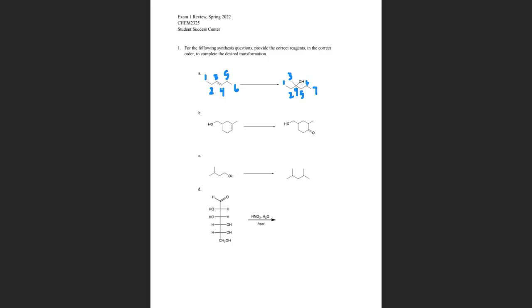With oxymercuration demercuration, you're going to be using a reagent called Hg(OAc)2 with water, and then your second step would be NaBH4, which we know is a reducing agent. So I'm going to go ahead and draw that out.